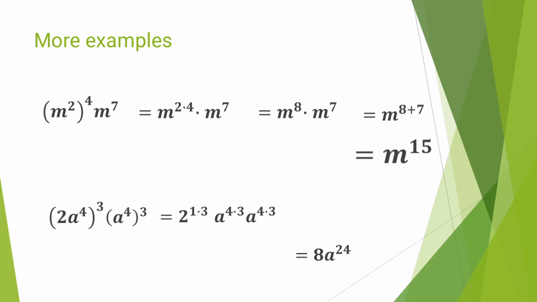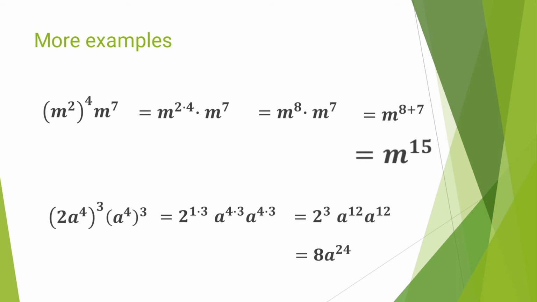Another one, 2a raised to the fourth raised to the third power times a to the fourth raised to the third power. Multiply the power rule. 2 raised to the power of 1 times 3, and a raised to the power of 4 times 3, and the other a is 4 times 3. Simplify.